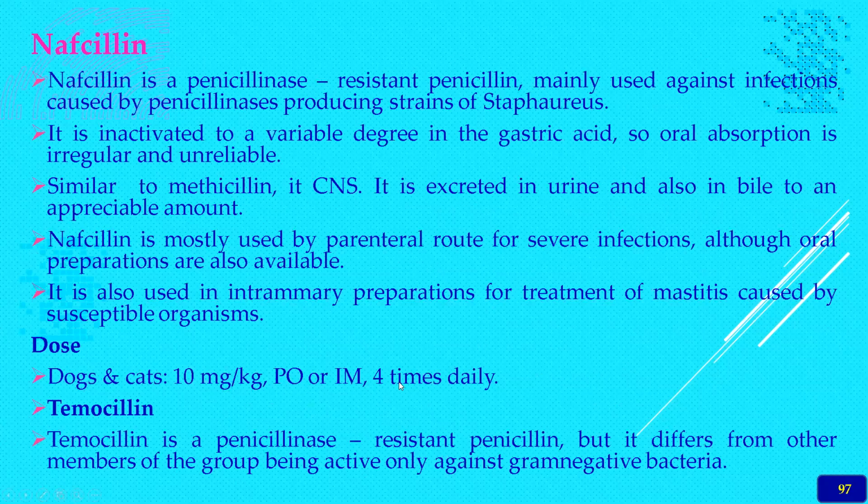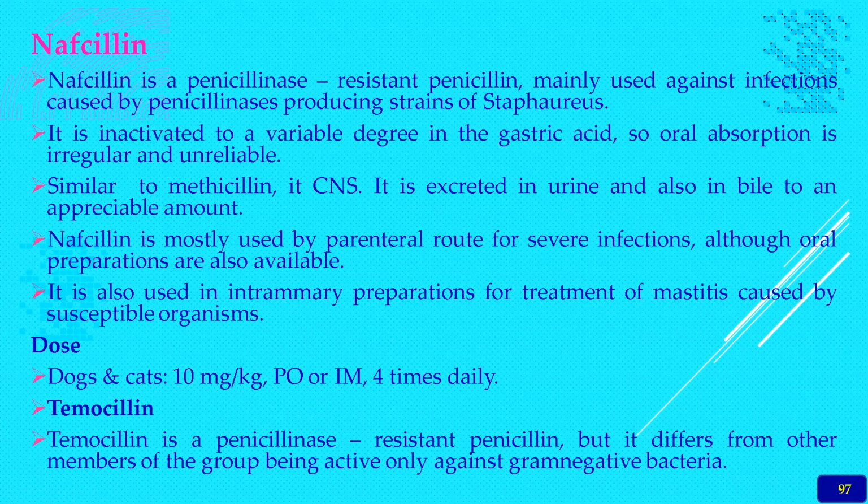Then nafcillin, a penicillinase resistant penicillin, mainly used against infections caused by penicillinase producing strains of Staph aureus. It is inactivated to a variable degree by gastric acid, so oral absorption is not possible.